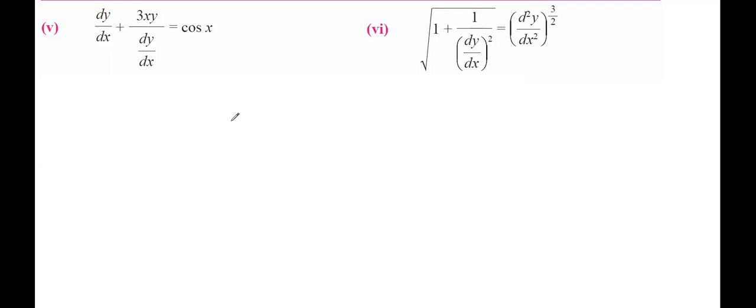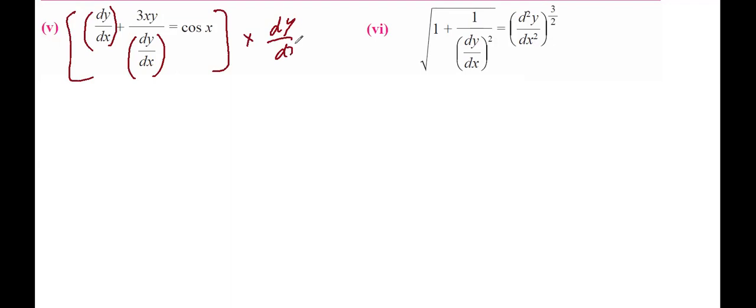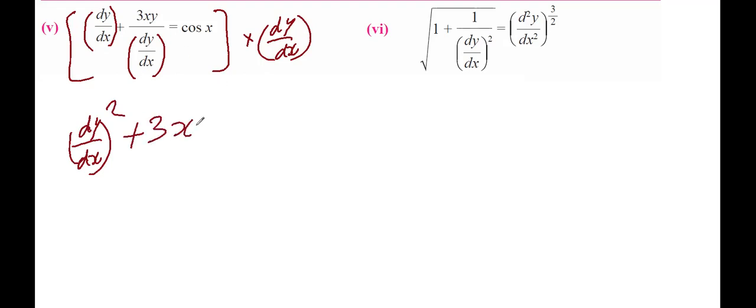I should never have anything in the denominator, and this particular term dy by dx should never be in the denominator. So I will multiply by dy by dx on both sides. Here I will get dy by dx the whole square, and this dy by dx and that dy by dx will get cancelled, and I will get 3xy is equal to cos x.